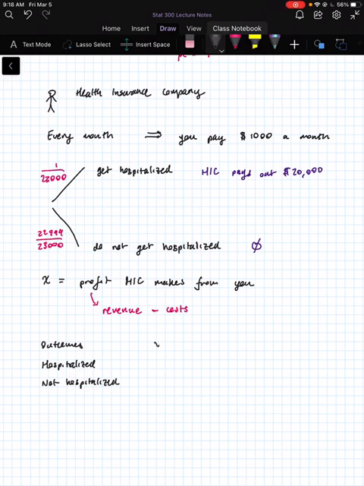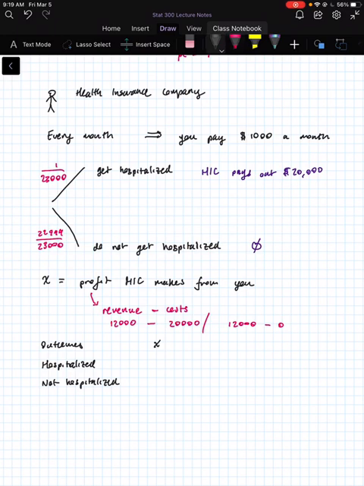Now what's their profit? So what's the value of X? If you're hospitalized, now you've paid $1,000 every month. So the revenue, regardless of what happens, is always going to be $12,000 from you every year. And the cost might either be the $20,000 or it could be nothing.